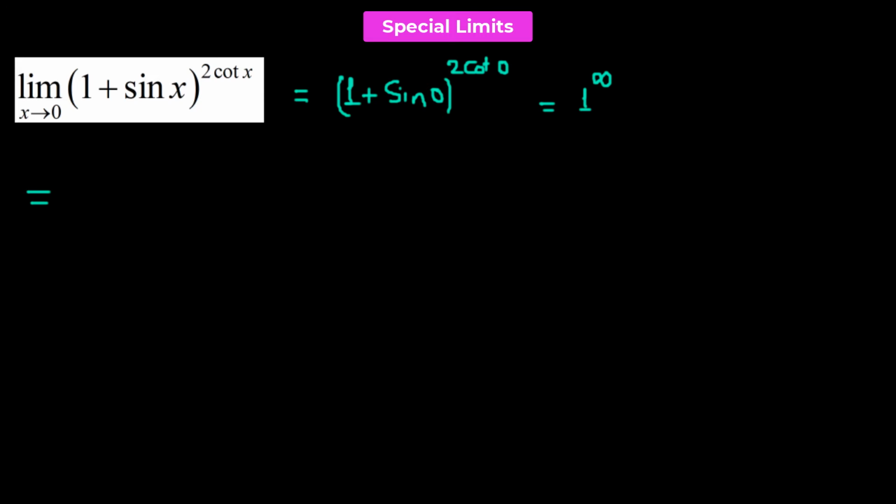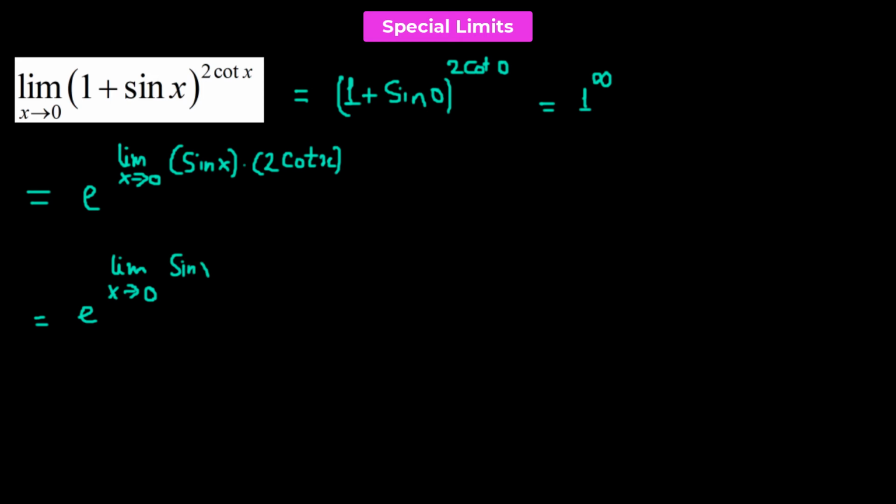When we use the definition, we are going to get e raised to the power of the limit as x approaching 0 of sine of x multiplied by 2 cot of x, which will be equal to e raised to the power of the limit as x approaching 0 of sine of x multiplied by 2 times cot x, where cot x is the ratio of the cosine of x divided by sine of x.